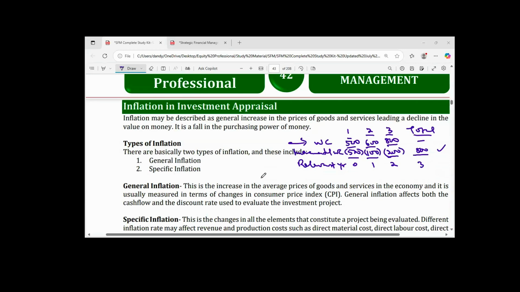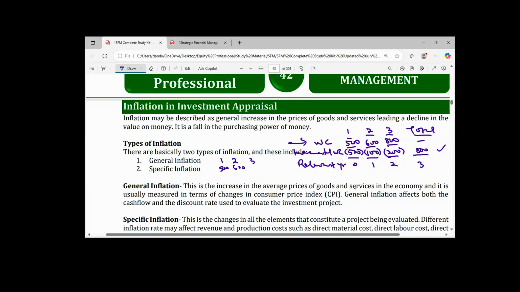Now they've given the cash flow, what about if there's a decrease within the year, how will you treat it? Yes, what this simply means, if I get that correctly, is that, for example, you have a working capital in year 1, year 2, year 3, of 500, then of course this has increased to 600.